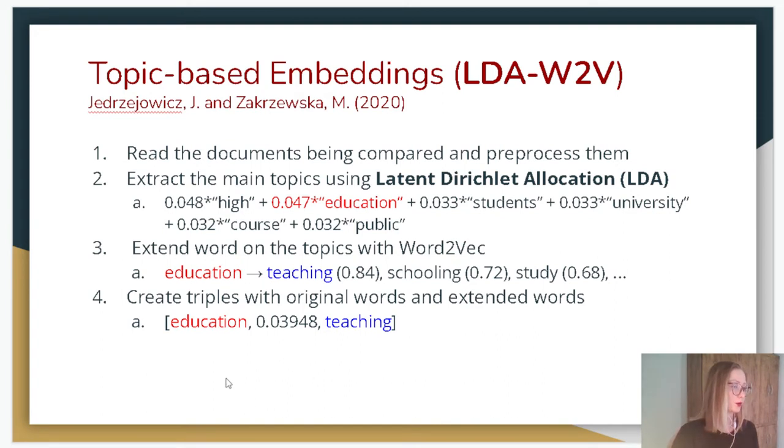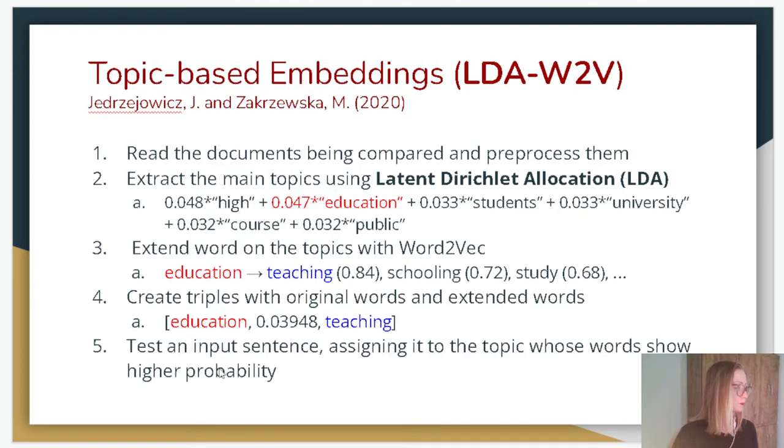The algorithm creates triples that put together each original word with an extended word, also putting a multiplied score in the triple. So after this step, each document is represented by several triples. And the final step is then testing an input sentence, assigning it to the topic whose words show higher probability.